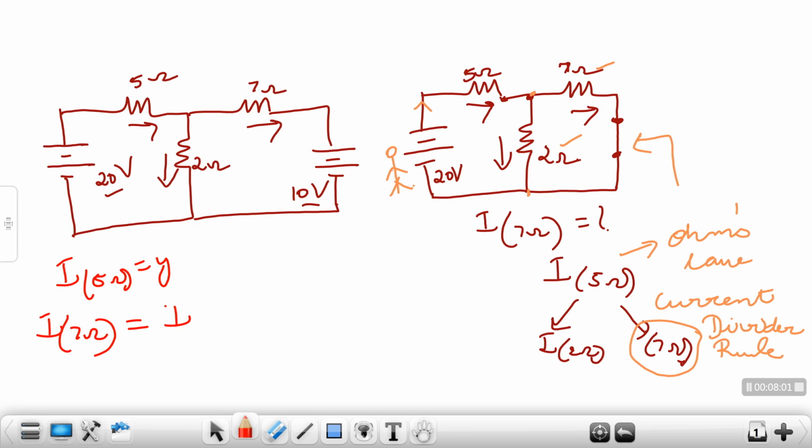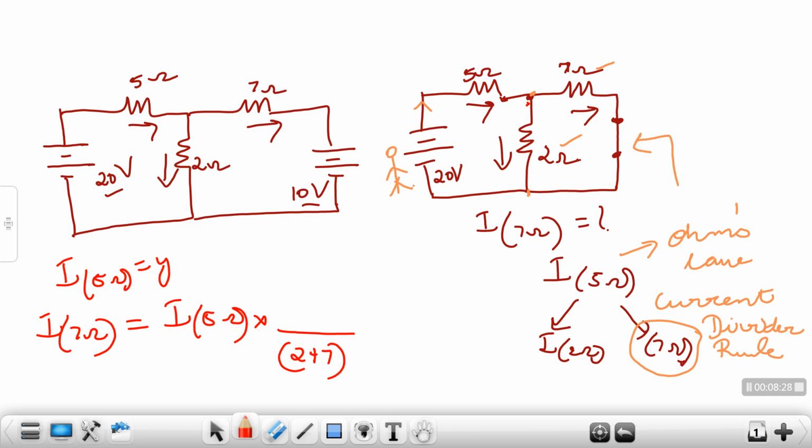That is the main current, the current in 5 ohms, multiplied by, let us go to the denominator part, the sum of the resistances through which this main current is dividing. So your current in 5 ohms, which is coming over here, is reaching this junction and dividing into 2 ohms and 7 ohms. So you have to put them in the denominator and add them up.